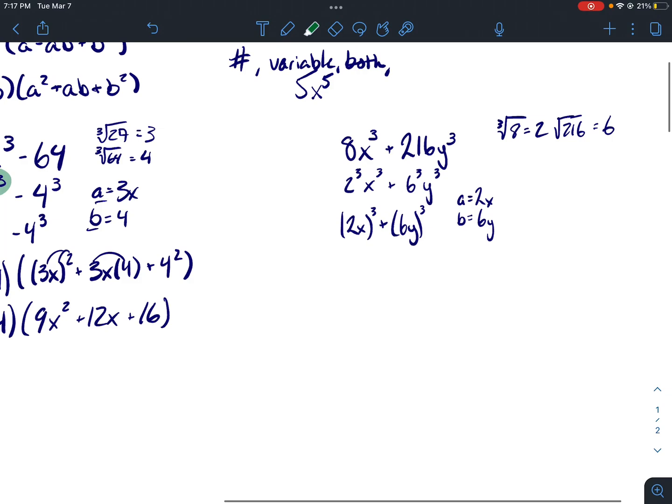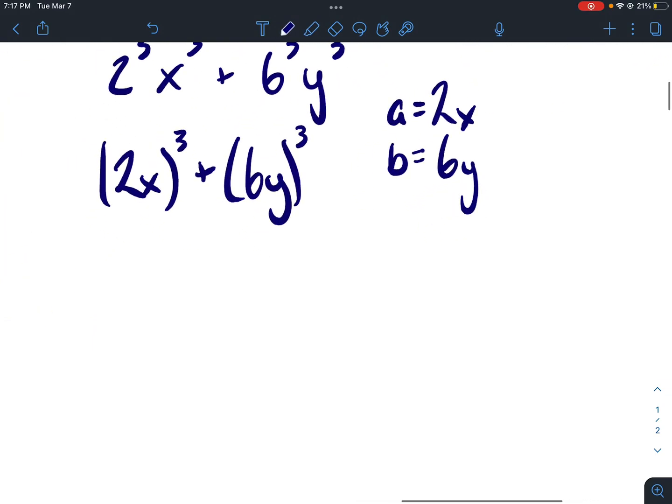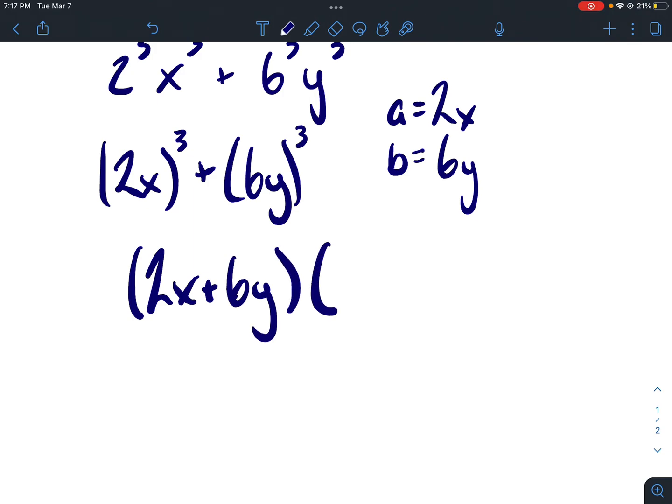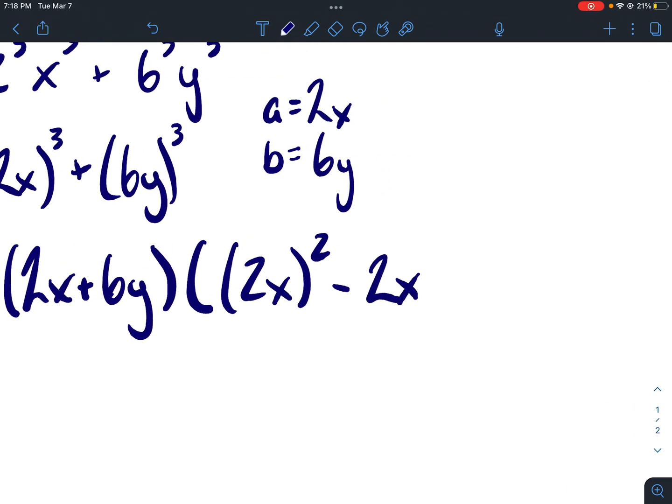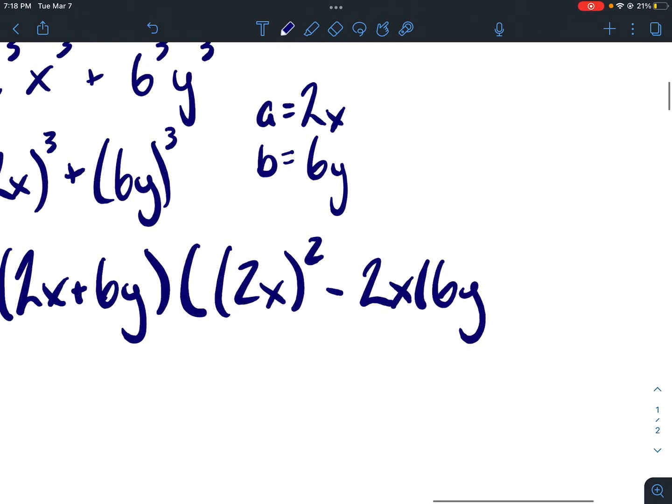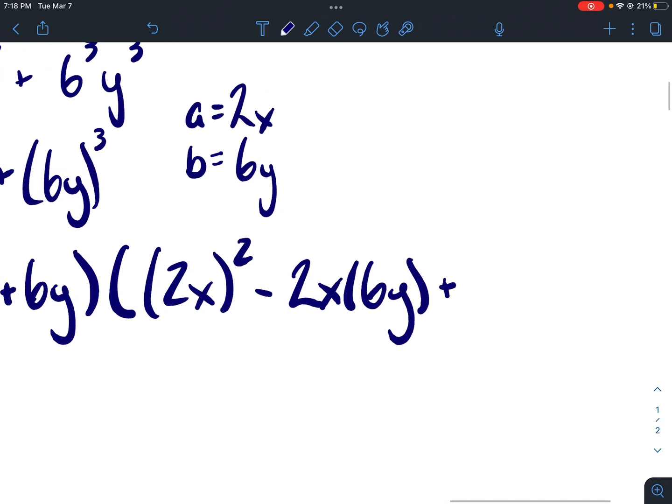So we're going to have a plus b to start out, so 2x plus 6y, then quantity (2x) squared minus ab, so 6y, and then plus b squared, so that's (6y) squared.